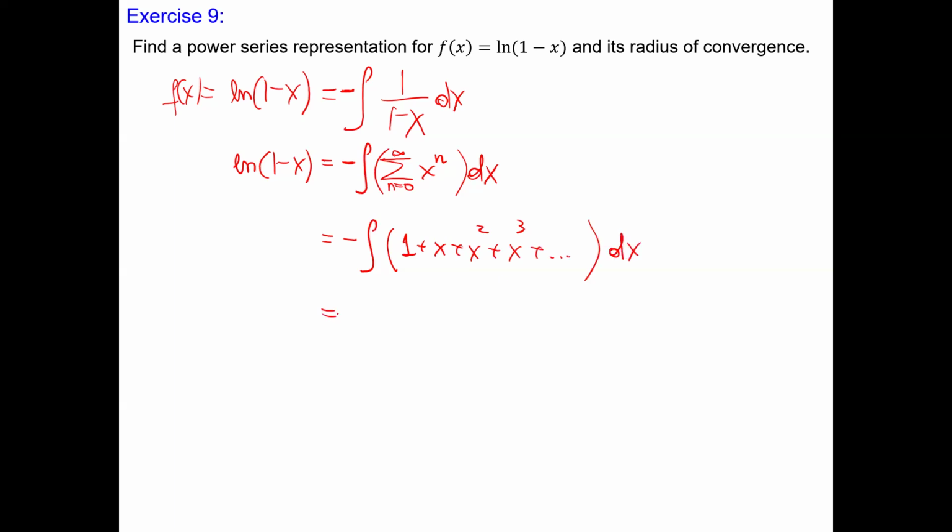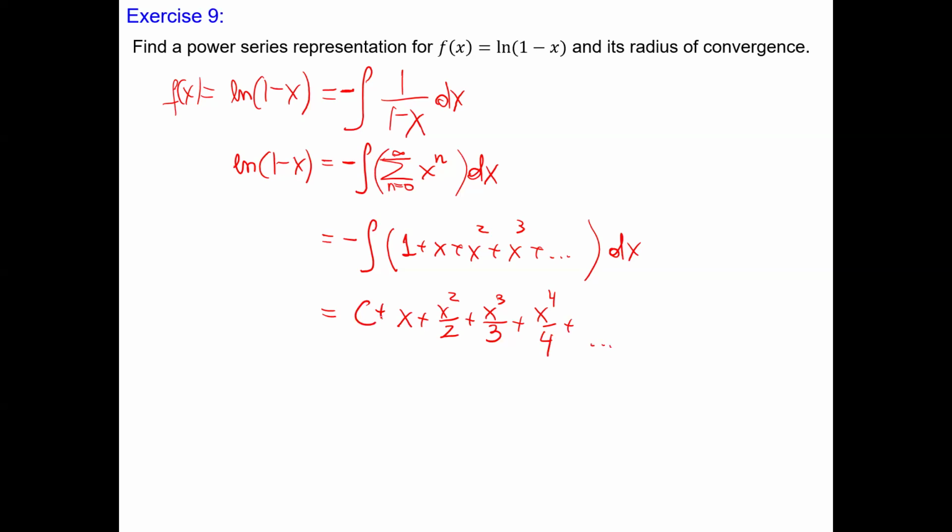We may integrate term by term. We may just integrate the sigma. Integral of 1 is x. Integral of x is x squared over 2. Integral of x squared is x cubed over 3, integral of x cubed, and so on. And we are even gaining a constant. I will add it at the beginning to keep the order.